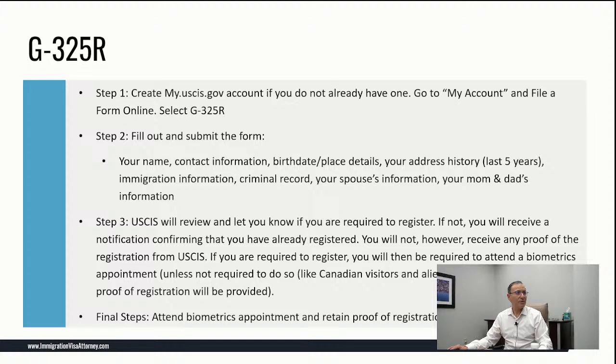You can fill out and submit the form. USCIS will review and let you know whether you've registered or you do not need to register. And then you will have to attend a biometrics appointment for those that need to register. The steps are quite straightforward and they are not complicated if you've decided that you need to register.